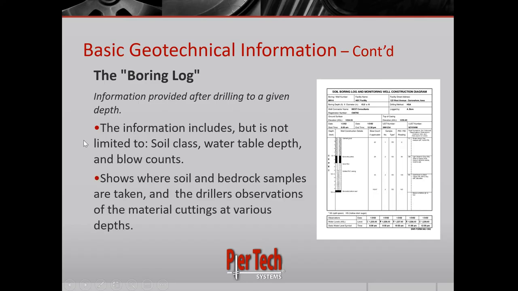This will show where bedrock is, and it'll also indicate drillers' observations during the drilling process. This will be key to finding out if there are any obstructions, cobble, debris, or material at the site that may cause issues with helical pile installation.